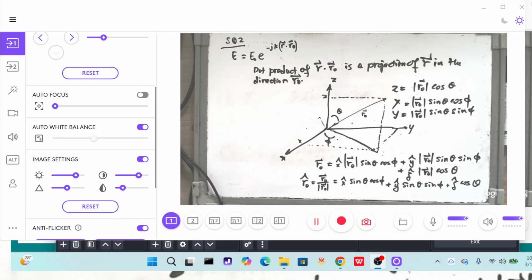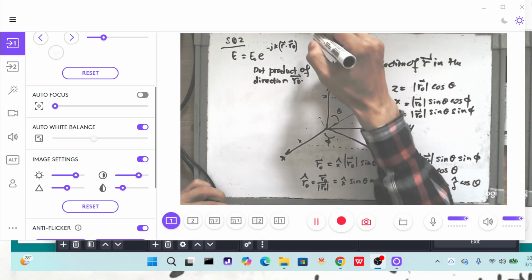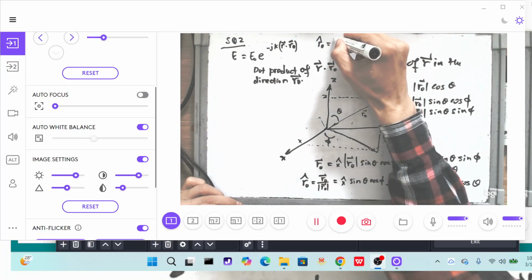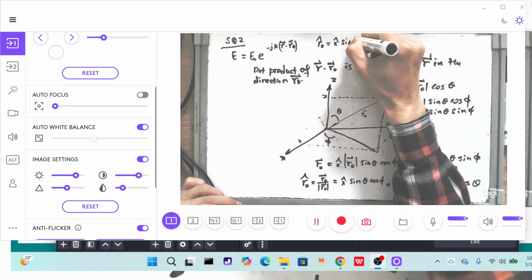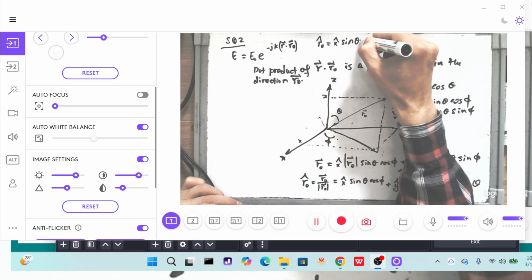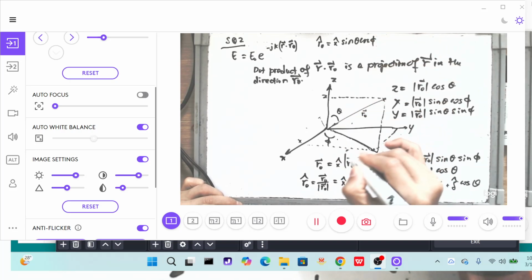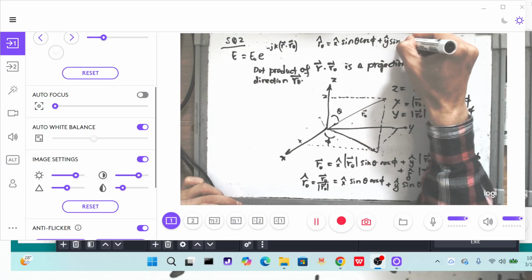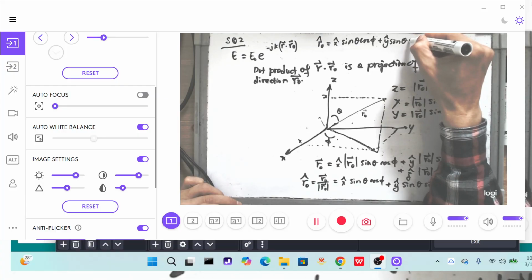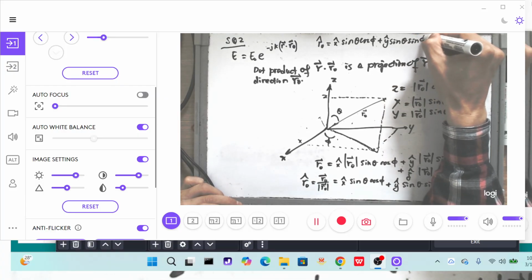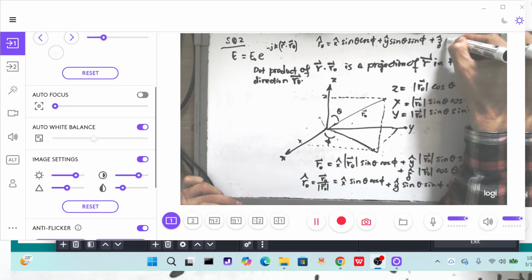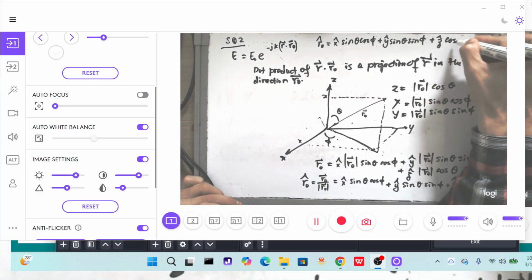So let's write down the formula first, and let me clean up the whiteboard. R naught hat is equal to x hat sine theta cosine phi, plus y hat sine theta sine phi, plus z hat cosine theta.